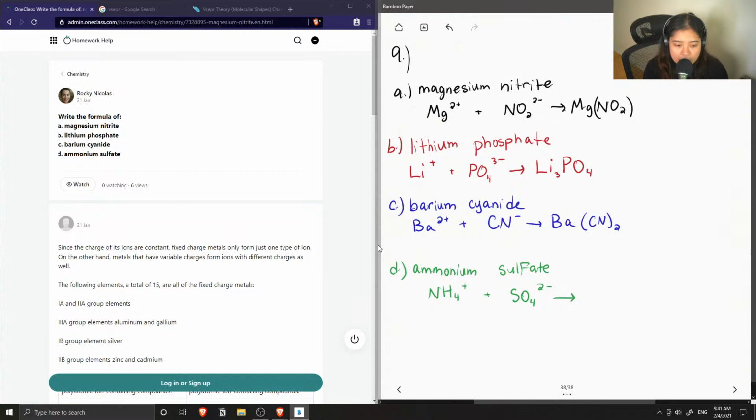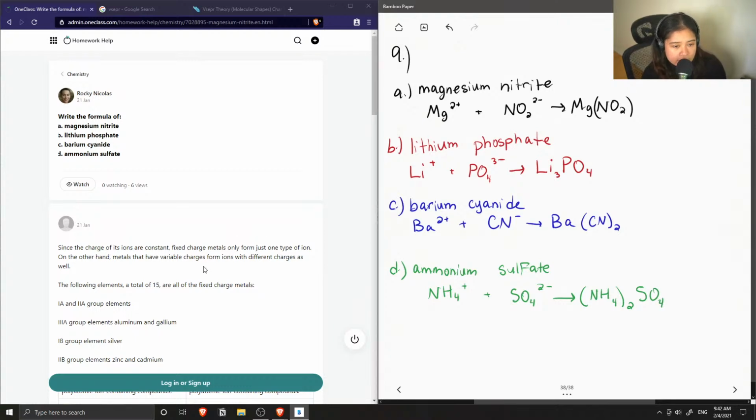So now we see that we need two positively charged ammoniums to neutralize the SO4 2- ion. So again, we're going to put ammonium in brackets to signify we need two of them, and then we just end it off with the sulfate.